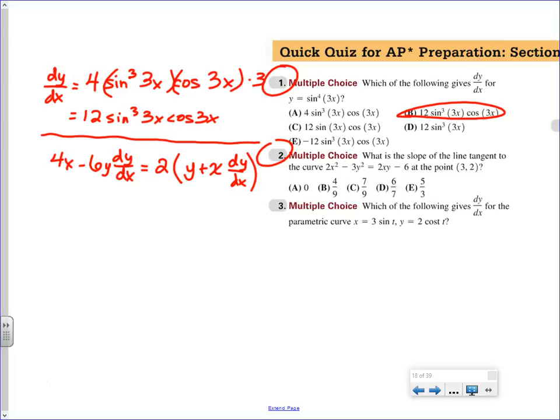What do we get to do? We get to distribute the 2, add the 6y on one side, subtract the 2y on the other side, factor out, and divide. So we get dy dx equal. Right? Yes.